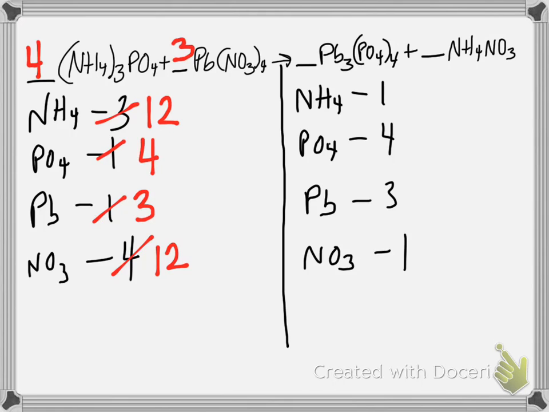Ammonium and nitrate, this is nice because they're not alone, but there's just one of each in that compound, so whatever coefficient I put in front of it is going to automatically give me that number. So is there a way to get 12 ammonium and 12 nitrate? Easy peasy. 12.